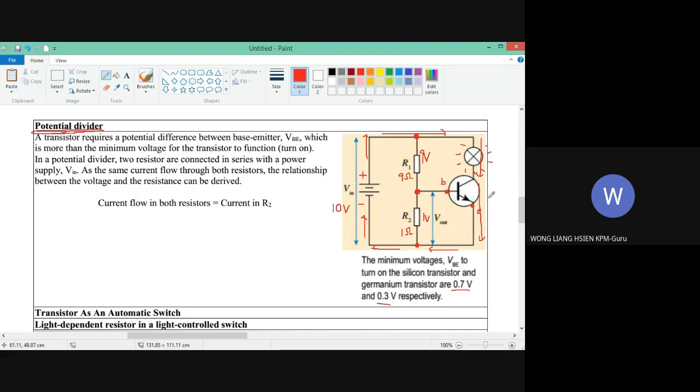We can turn on the transistor and the bulb can light up by using these two resistors. This arrangement is called the potential divider, because we divide the potential. So with the potential divider, we can turn on the transistor even with one power source.